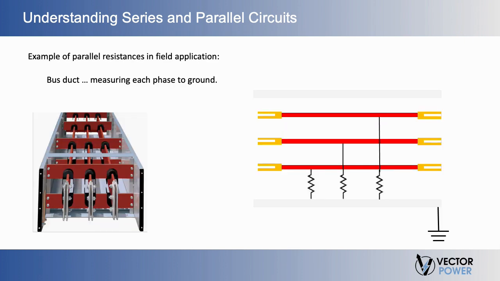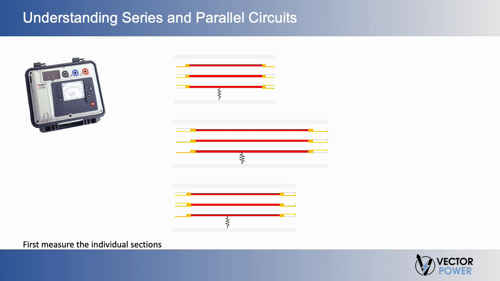Here is a typical example that can cause confusion to a technician. Let's say we're measuring the insulation resistance of a section of bus duct or perhaps a section of cable. First, we measure the individual sections of the bus or possibly cable.